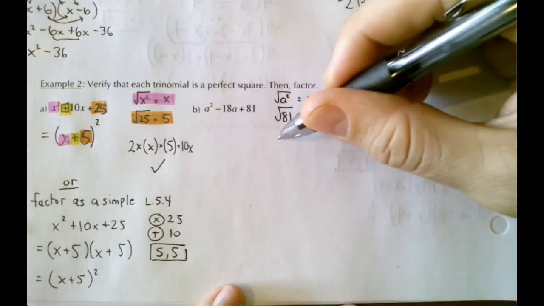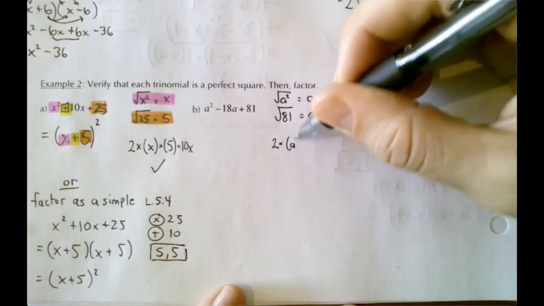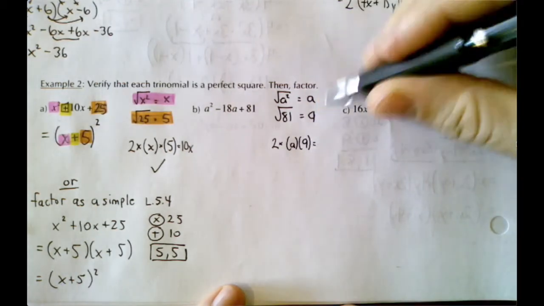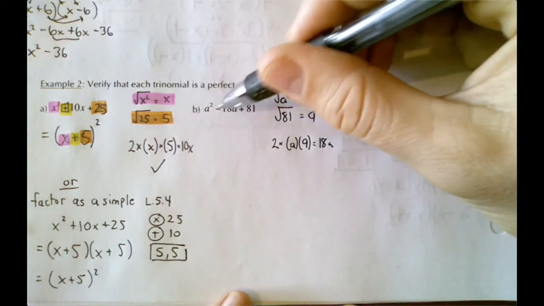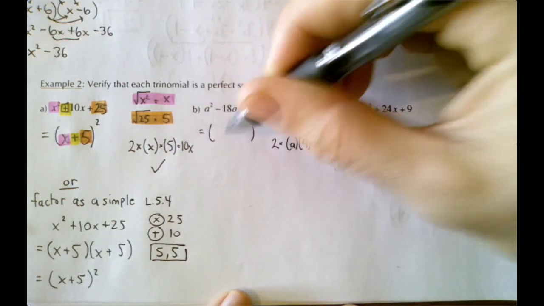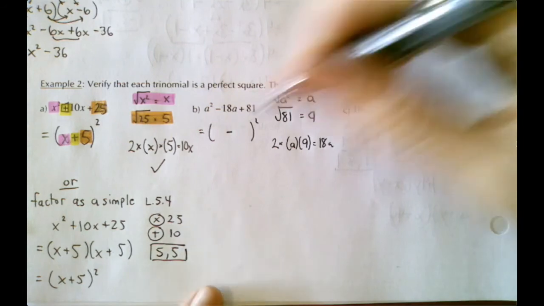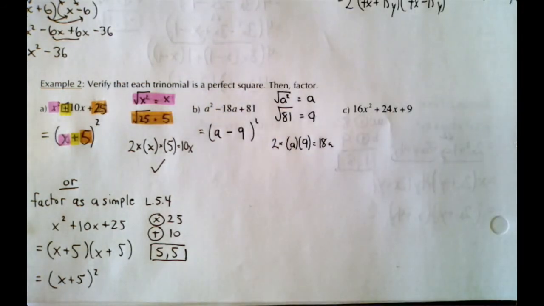And if we double a and 9, do we get 18a? We do, 18a. Now this is negative 18a. All that means is that our answer is going to have a minus sign in the middle. And what's the minus sign in the middle of? Well, it's in the middle of a and 9. And there you have it. We just factored a perfect square trinomial.